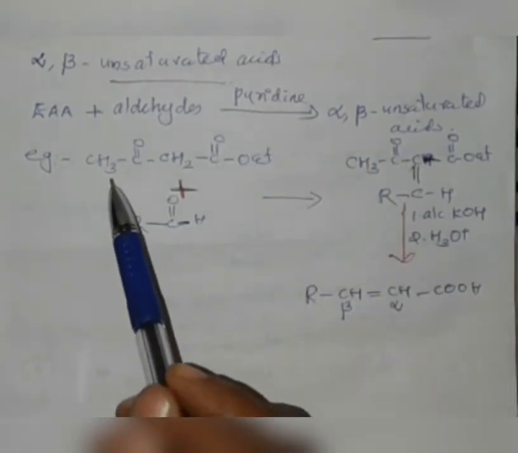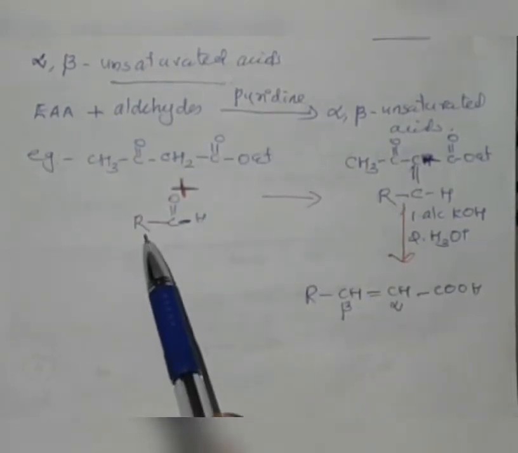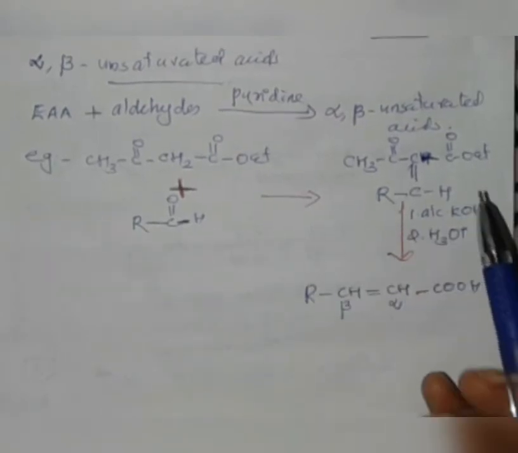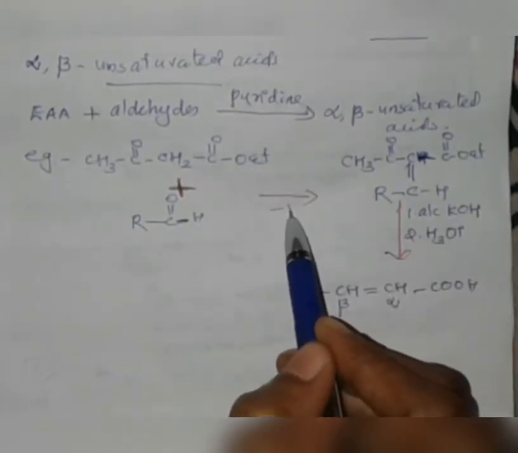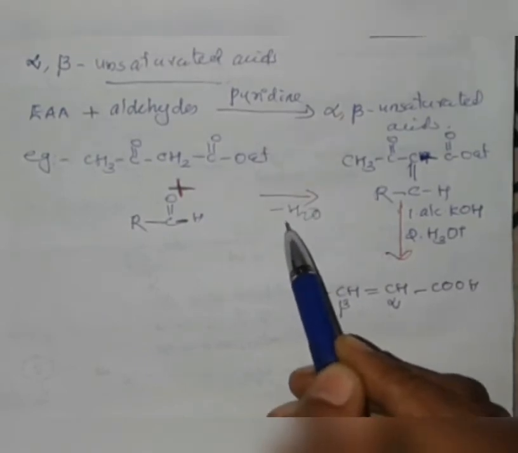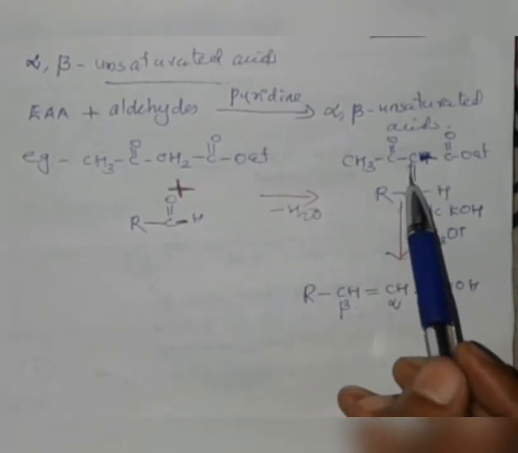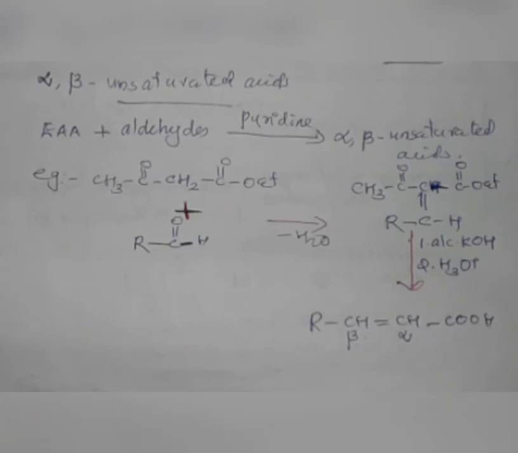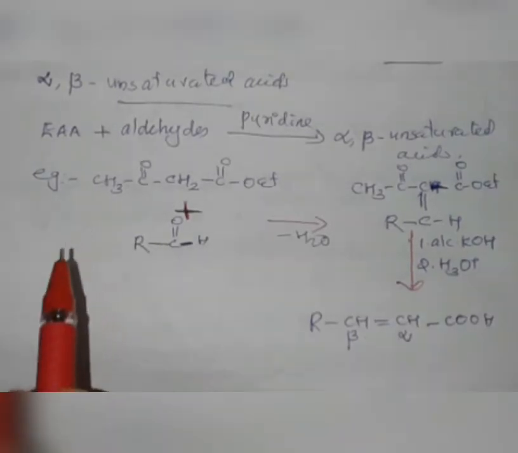For example, the EAA is reacted with an aldehyde RCHO. Here a molecule of water gets eliminated, and we can get a double bond between the carbonyl carbon and the methylene carbon.